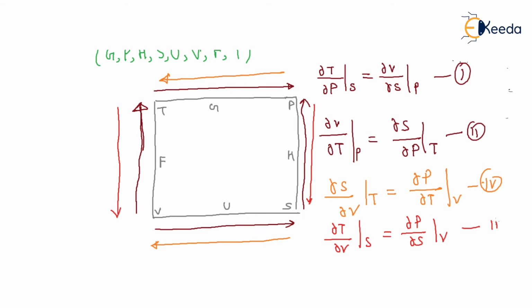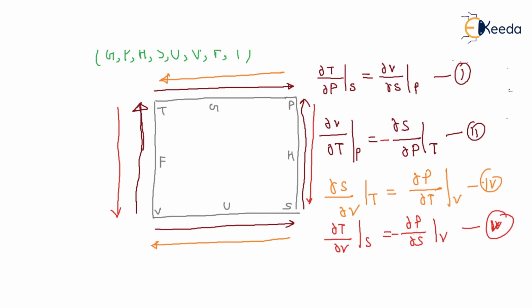This is equation number 5. And whenever there is S and P, entropy and pressure together, put a negative sign.